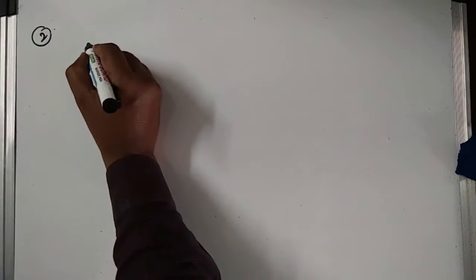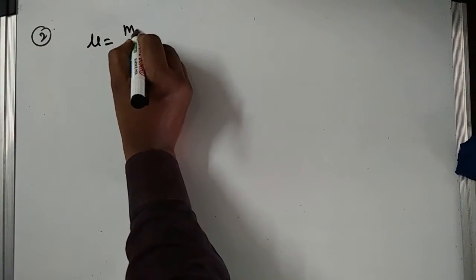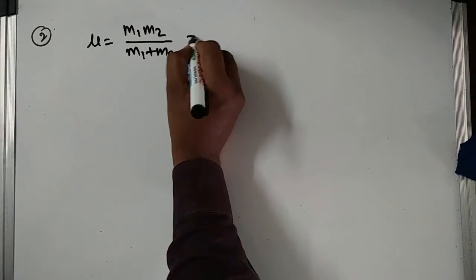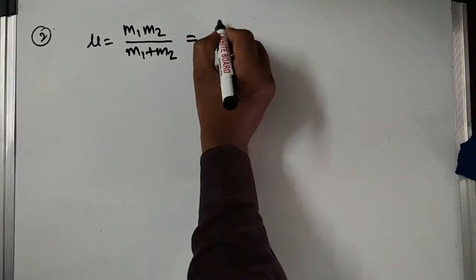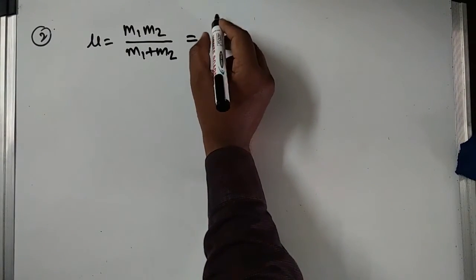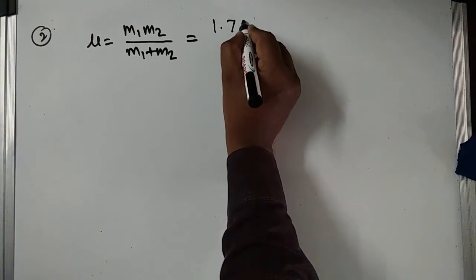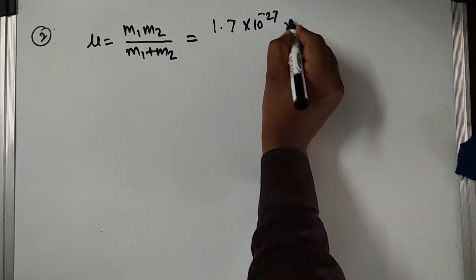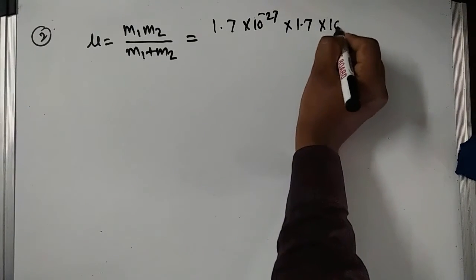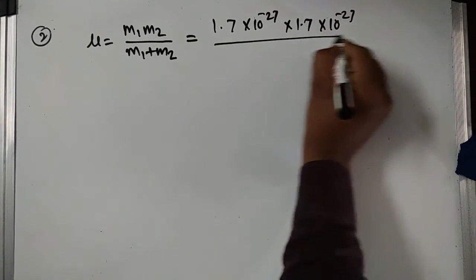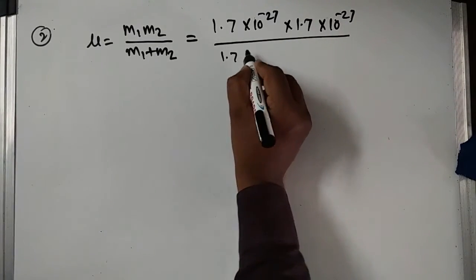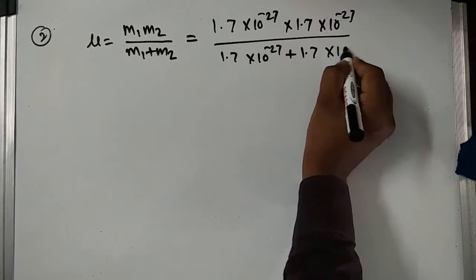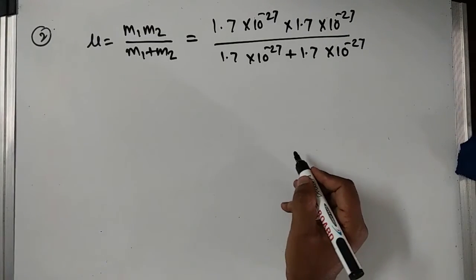So mu is equal to m1 into m2 upon m1 plus m2. m1 and m2 are both protons, so they are the same. So 1.7 into 10 raised to minus 27 kg into again 1.7 into 10 raised to minus 27 kg divided by 1.7 into 10 raised to minus 27 kg plus 1.7 into 10 raised to minus 27 kg, right?